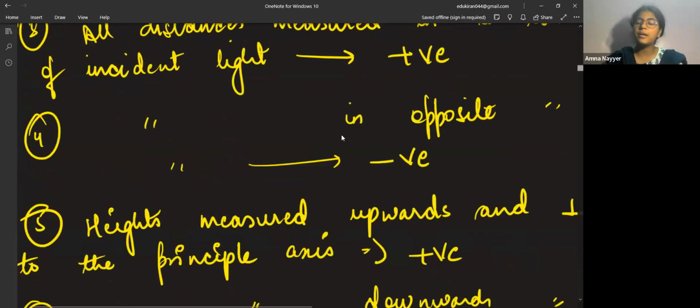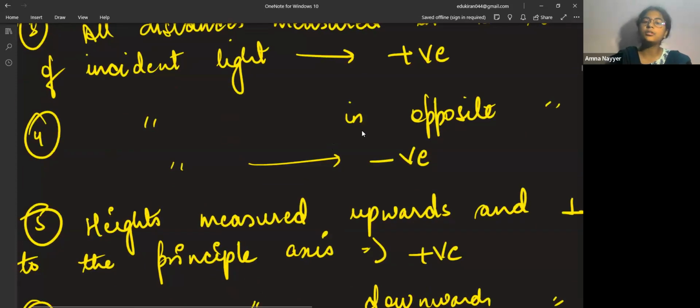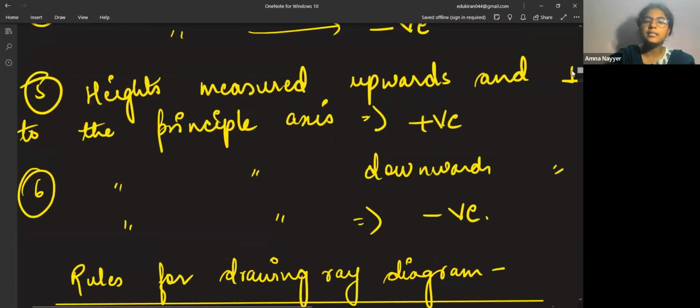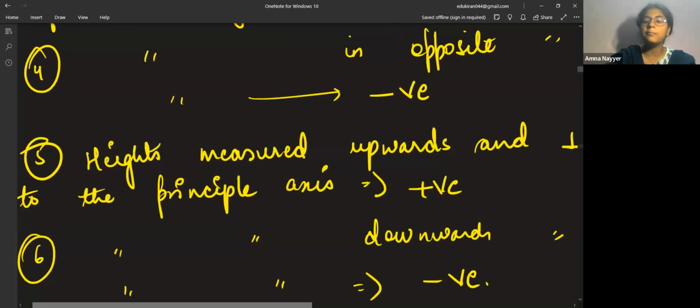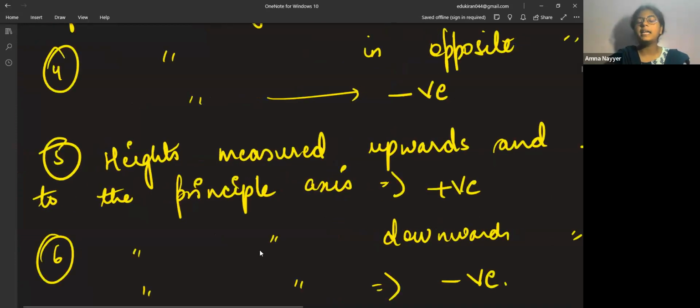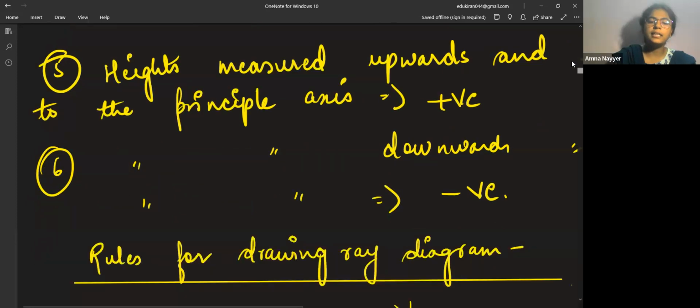All distances measured opposite to the direction of incident ray are negative. Heights measured upwards and perpendicular to the principal axis are positive. Heights measured downwards and perpendicular to the principal axis are negative. So these are the sign conventions which I have discussed.